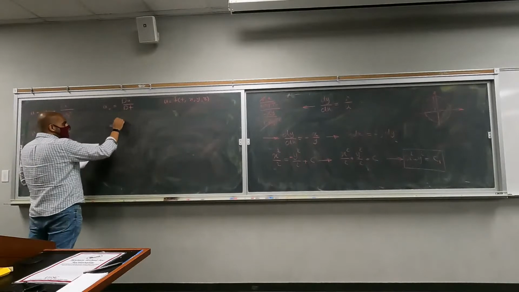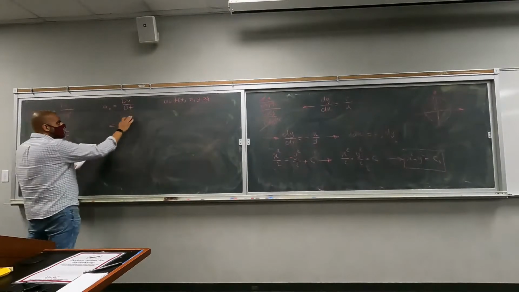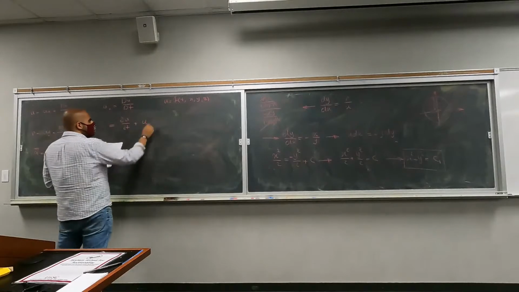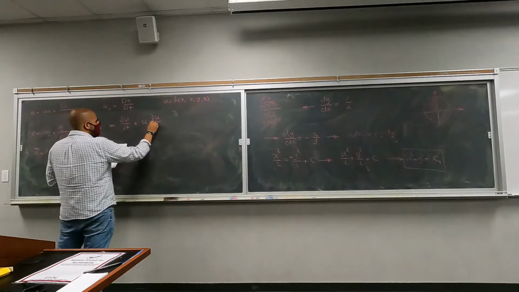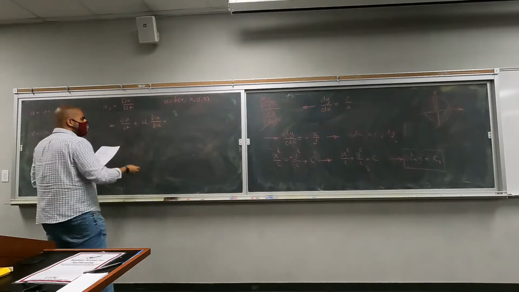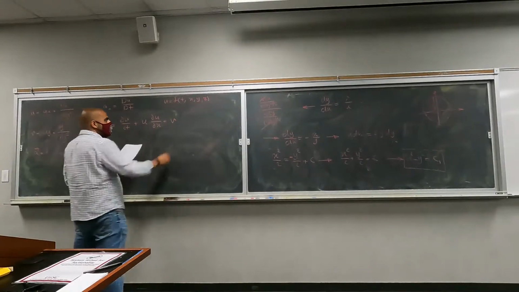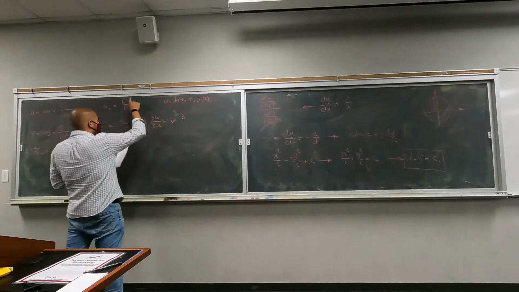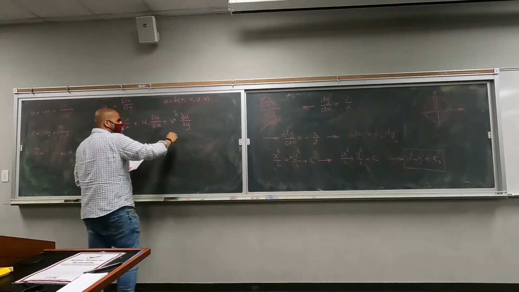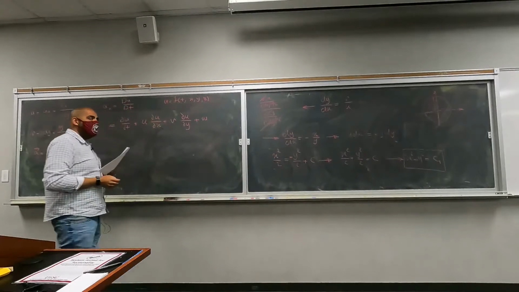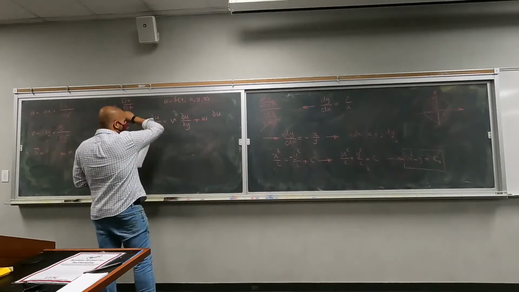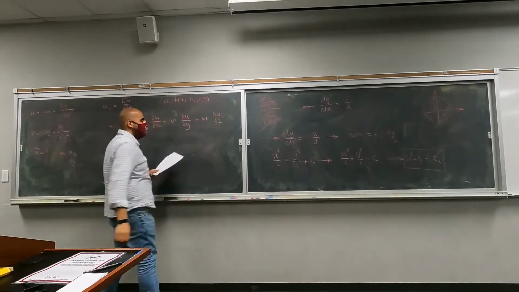How can we find the material derivative? Partial u partial t plus velocity in the x direction, u, multiplied by the derivative of our parameter of interest with respect to x, plus velocity in the y direction, v, multiplied by the derivative of our parameter of interest, which here is the velocity in the x direction, with respect to y, plus velocity in the z direction, w, multiplied by the derivative of the parameter of interest, in this case u, with respect to z.